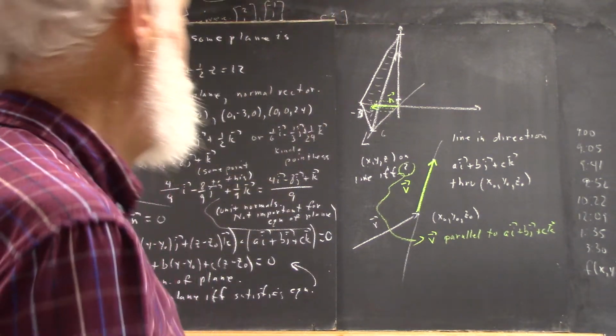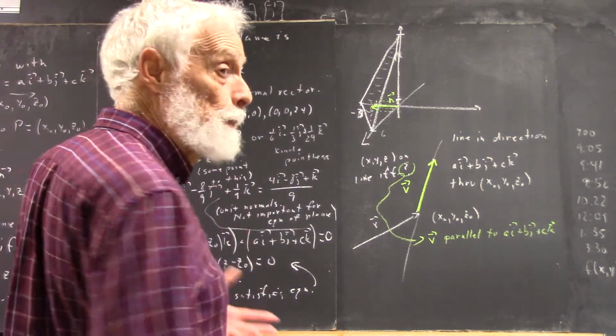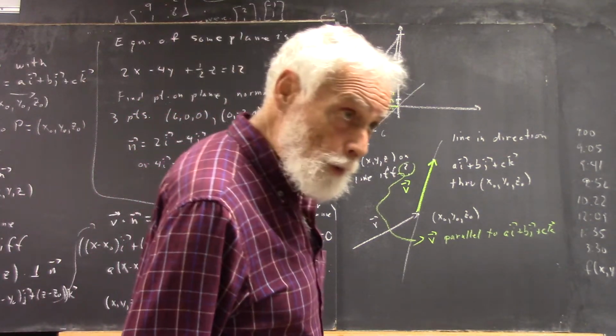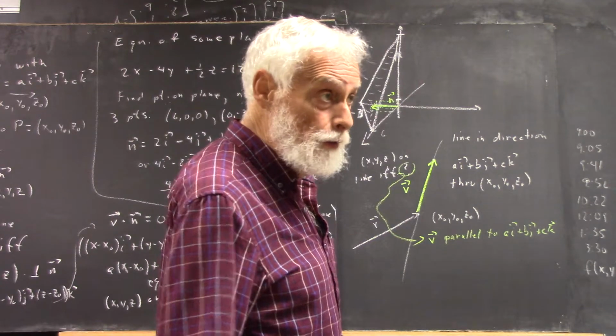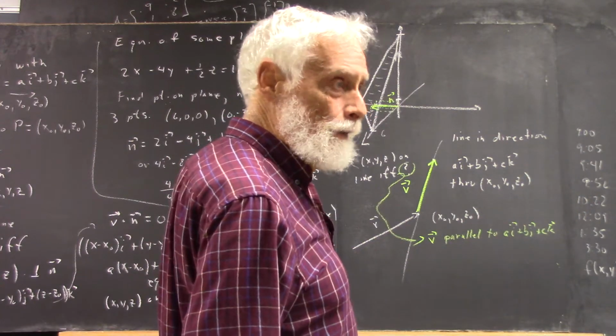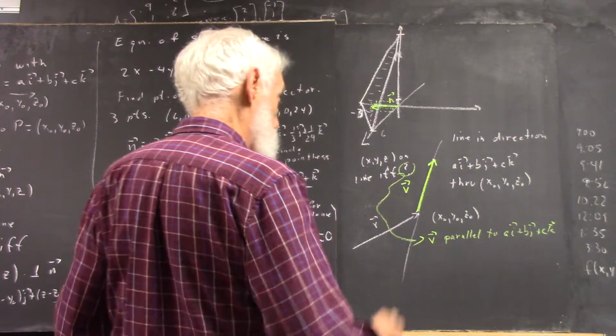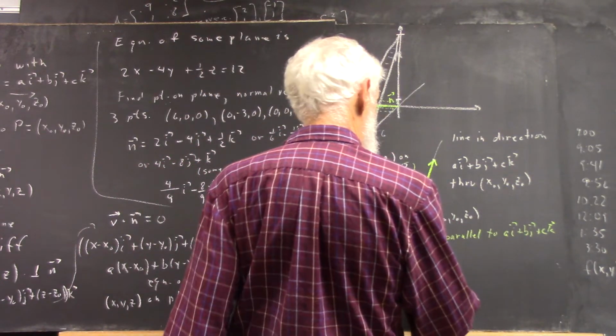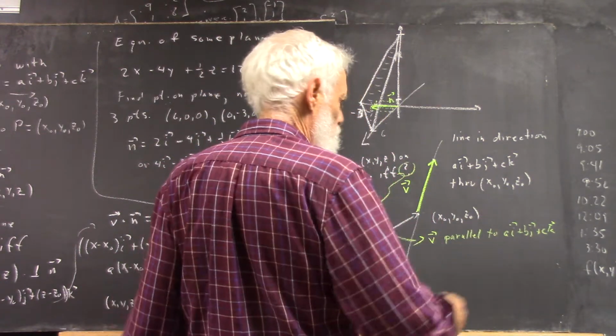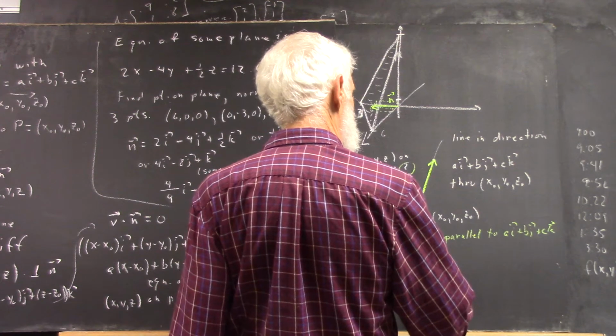Now, how do you express the fact that one vector is parallel to another? One way to express it, and the way that we're actually going to use, is the first one somebody came up with, the only one I gave you time to come up with, but not sure how many of the others you would have come up with, but I expect you would have gotten some of them.